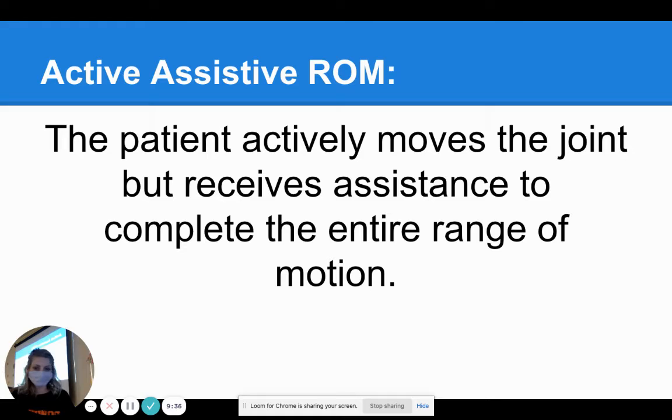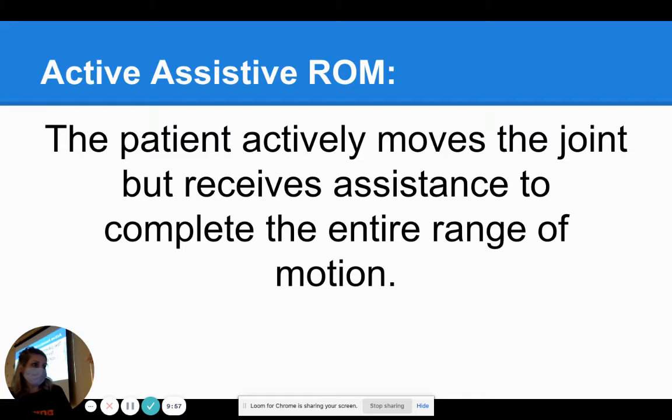Patient does most and therapist helps. A good example of this one would be someone right after surgery. They would move to the extent that they can, and then the therapist kind of has to help them.